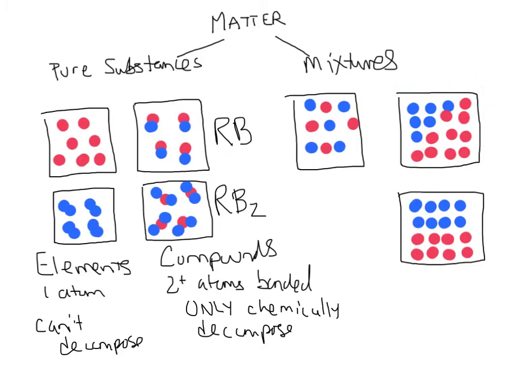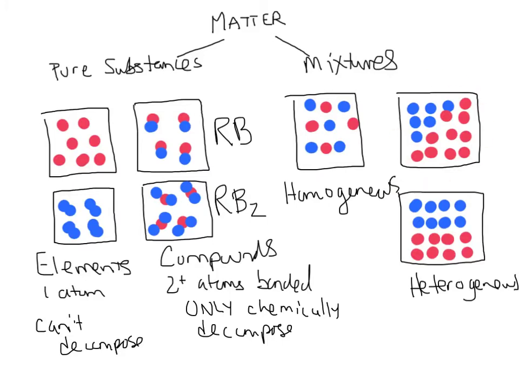A homogeneous mixture is uniform throughout, and a heterogeneous mixture is not uniform. So notice that in the homogeneous mixture, you'll see a regular repeating pattern, versus in the heterogeneous mixture, there is no pattern and there may be even distinct layers or distinct chunks.